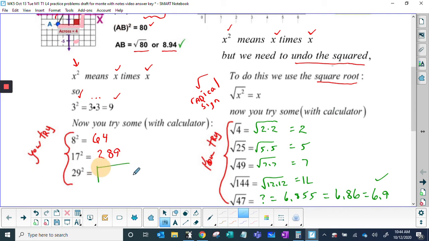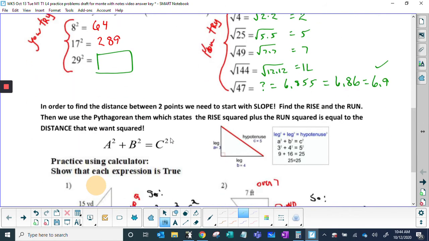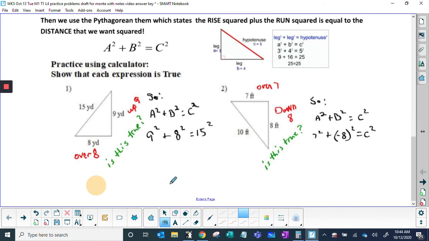Okay, let's go down. Now, the whole idea is this rise over run. So the rise, 9, the run, 8. This guy named Pythagoras discovered the relationship between one leg, the other leg, and the long side of the triangle known as hypotenuse.